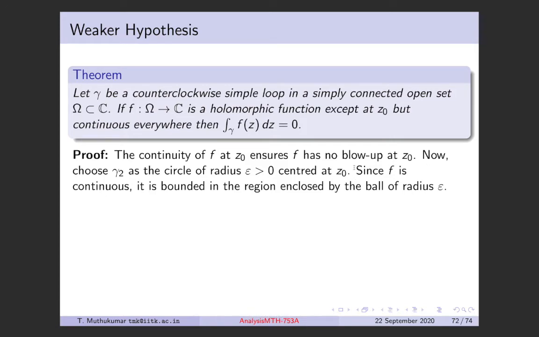So f is continuous in the disk of radius epsilon centered at z0, because that is what is given to you. And f is bounded in that disk, because if you take the closure including the circle, it's a compact set. So it's a continuous function on that compact set, and it is going to be bounded in that region.